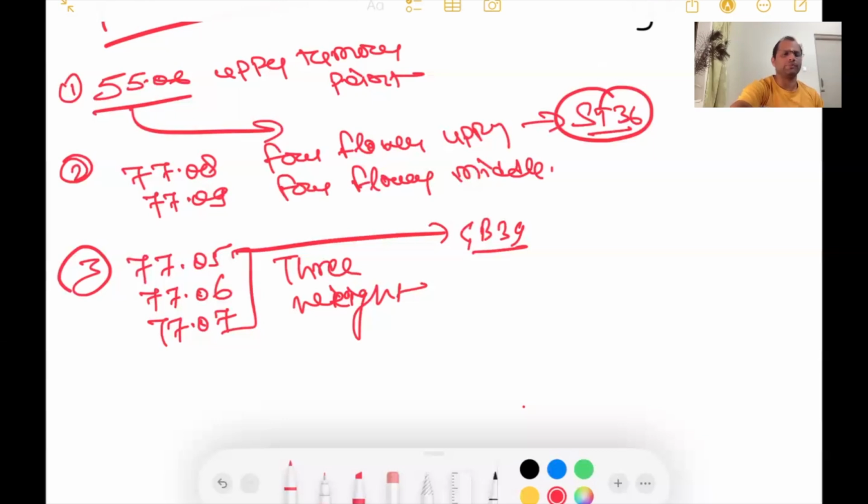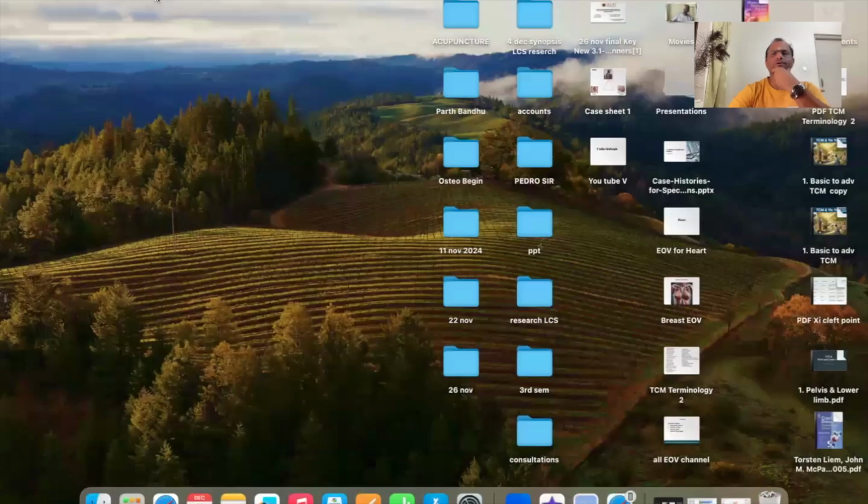For deficient type we have to do the nourishment. Deficient type में हमें nourishment करना होगा, पर आपका पैटर्न तो excessive type का ही है as per your tongue, so you have to work accordingly. I think it's clear.